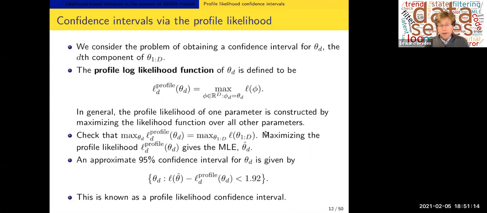Now, another really nice property is that if you take the set of parameter values that have a profile log likelihood within 1.92 of the maximum, then that gives an approximate 95% confidence interval known as a profile likelihood confidence interval. So let's just see what that looks like in practice.